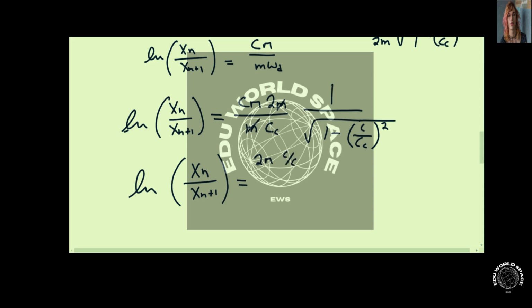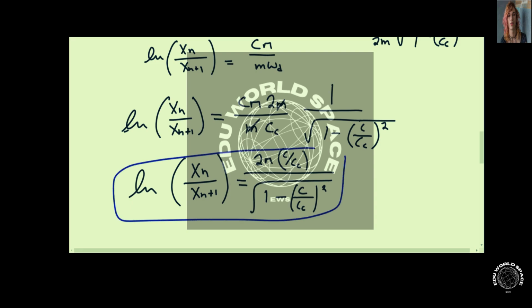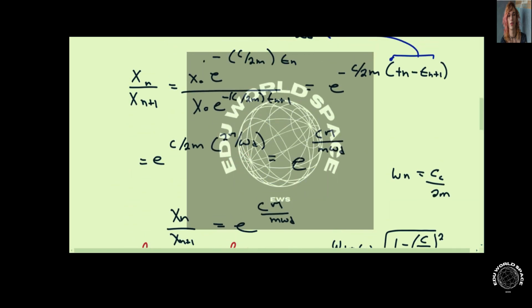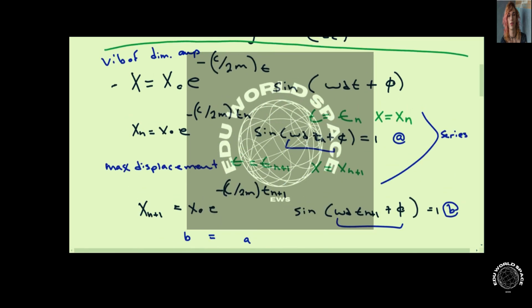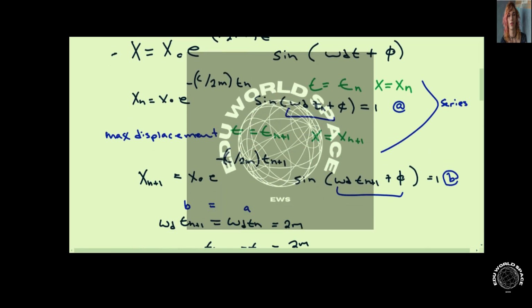We have 2 pi times the damping factor divided by the square root of 1 minus the damping factor squared. And that proves what we were trying to prove in the beginning. We also find the constants that we were looking for, which were A and B. So we have that and that.